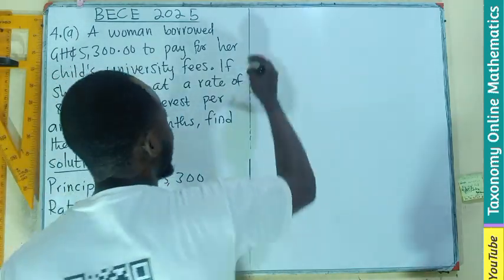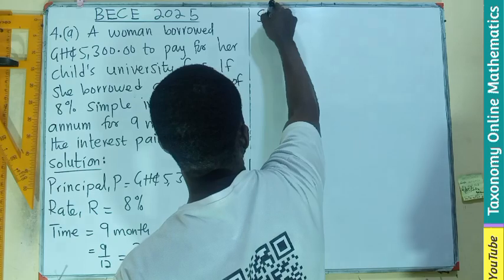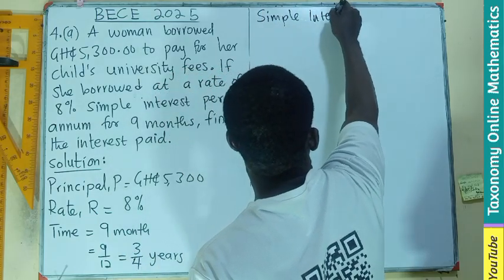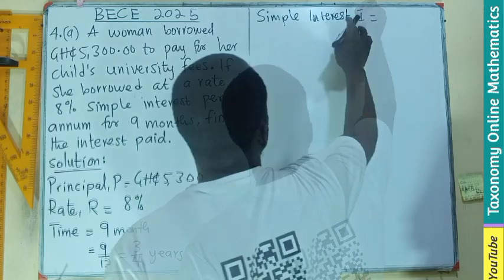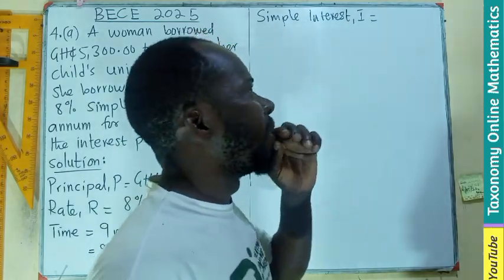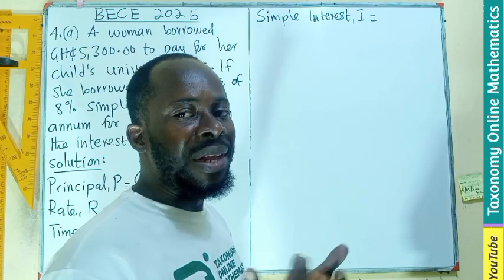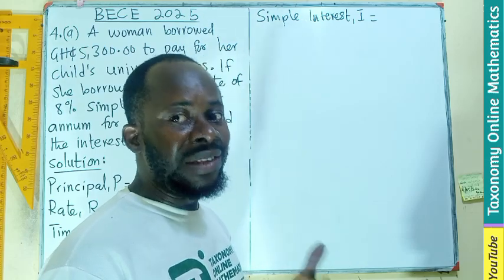Now, we know that simple interest is the product of the principal, the time, and the rate, where the rate is in percentage.